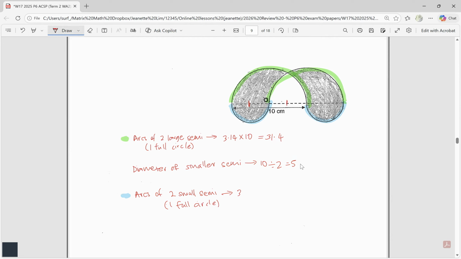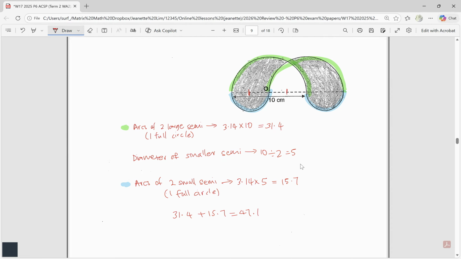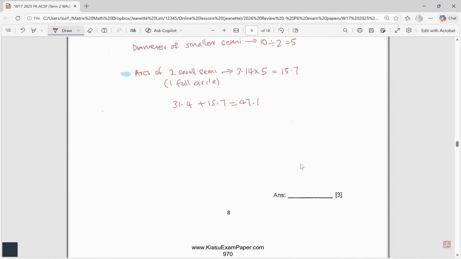So full circle is pi times diameter. And you calculate this, you should get 15.7. Okay, so the two green plus two blue will be 31.4 plus 15.7. So answer 47.1 square cm.